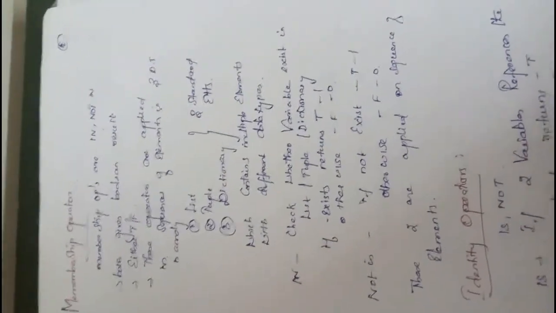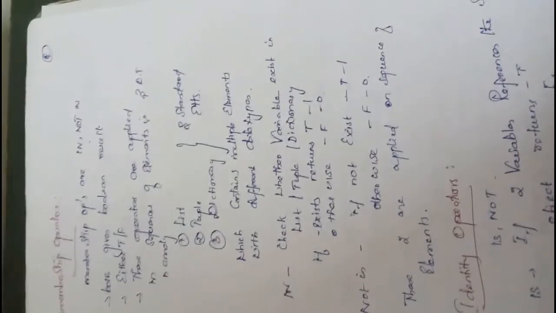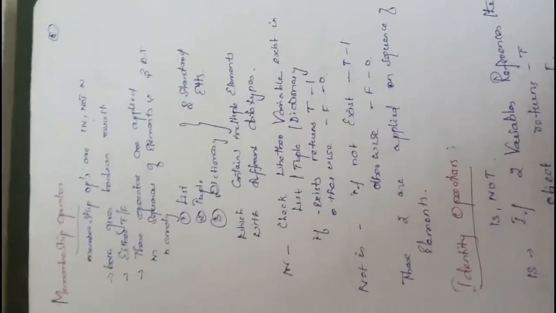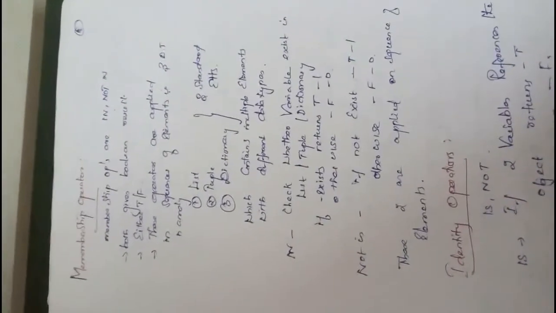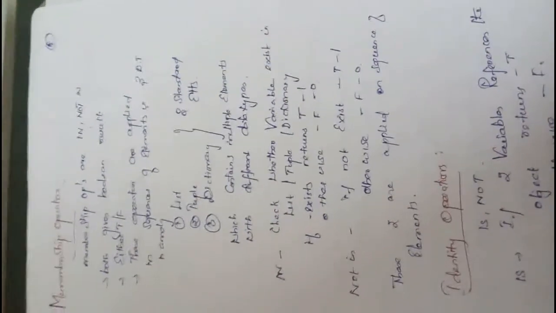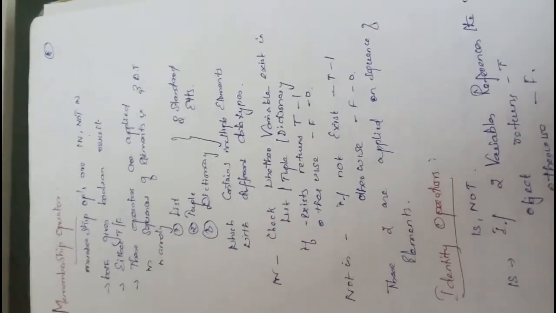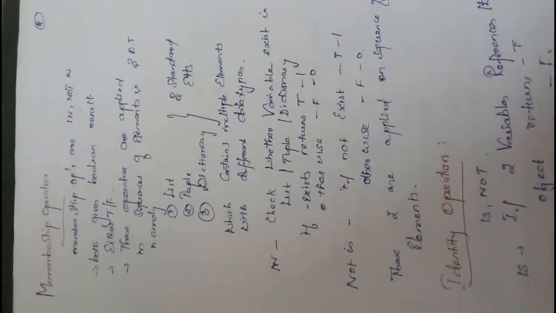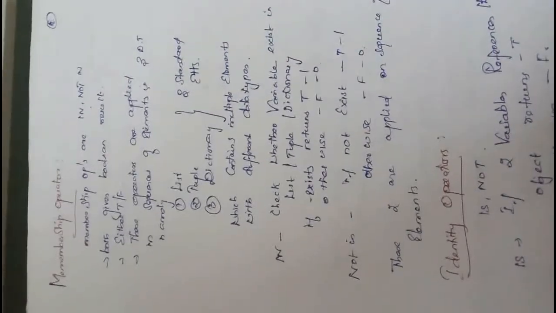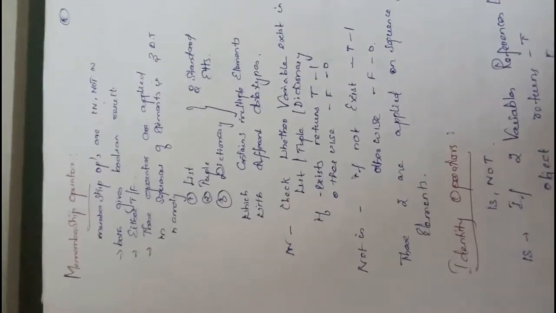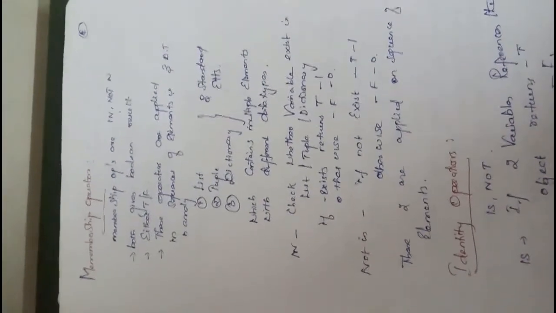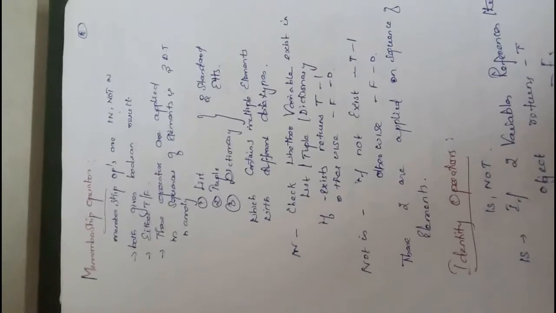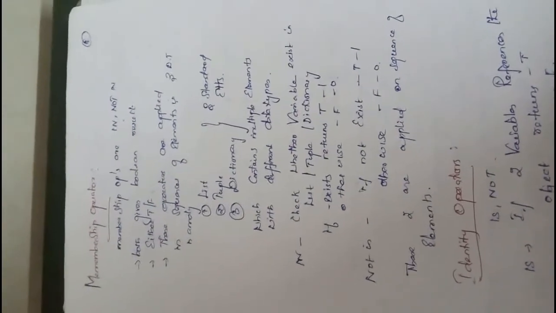These 2 operators will be applied only on these 3 standard data types. In these data types we can store different values of different data types. So in and not in are applied only on these 3 standard data types.